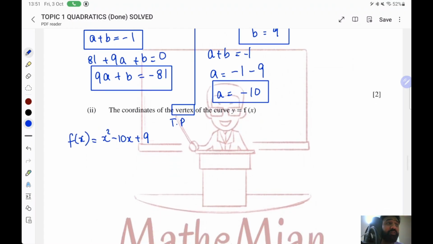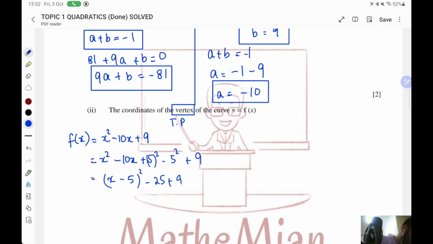We'll convert this function into completed square form. So it will be x square minus 10x will stay as it is, plus 5 square minus 5 square plus 9. So it will be x minus 5 whole square minus 25 plus 9.